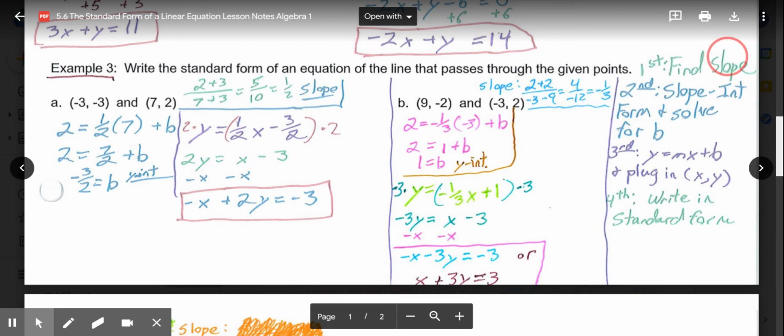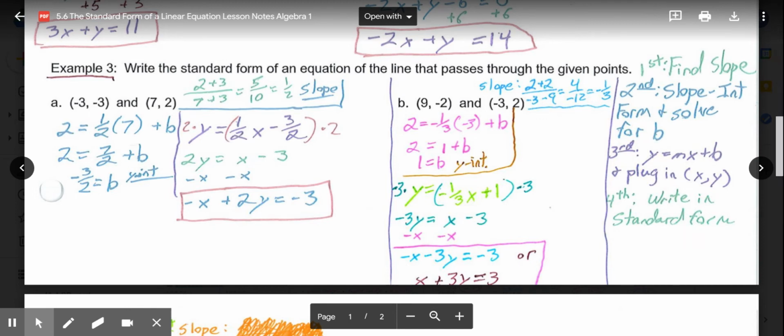So change in y over change in x. The second step then is to write it in slope-intercept form and solve for b. Then the third step is to write your equation fully in slope-intercept form, and then to rewrite that in standard form. So let's look at this process to start.